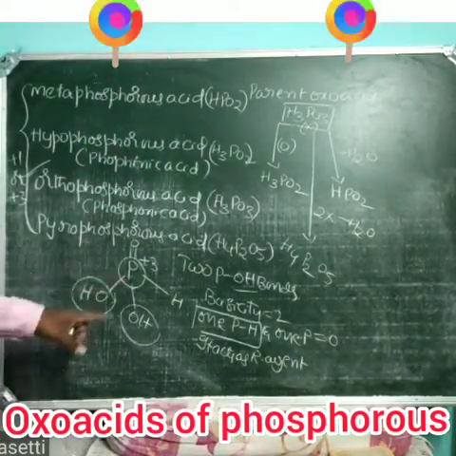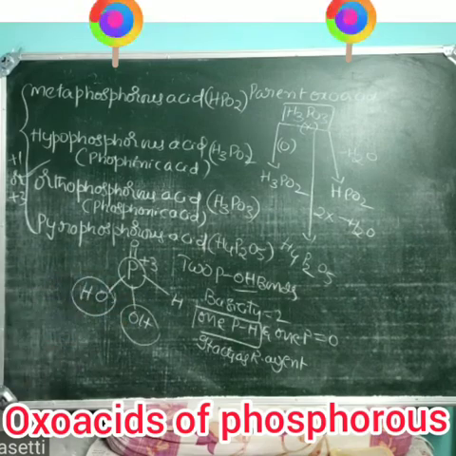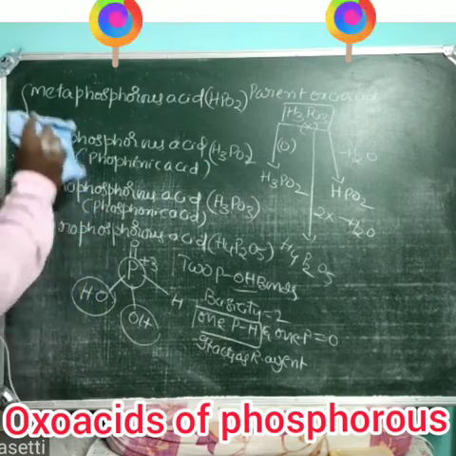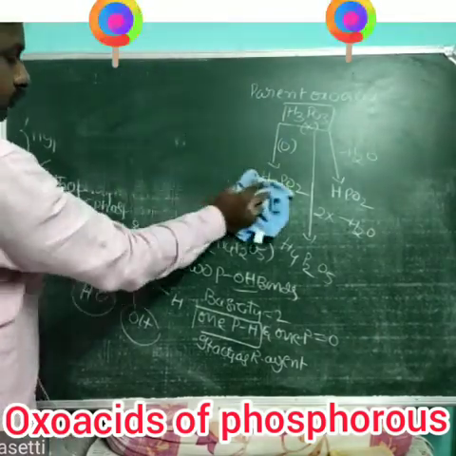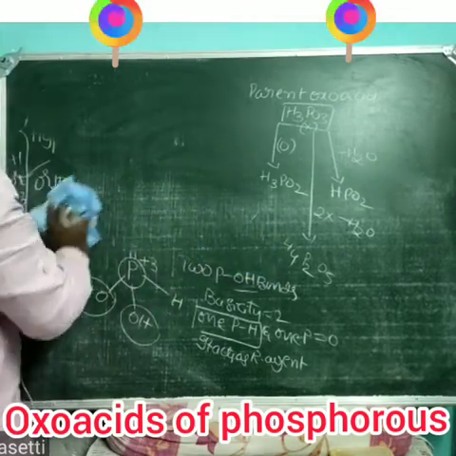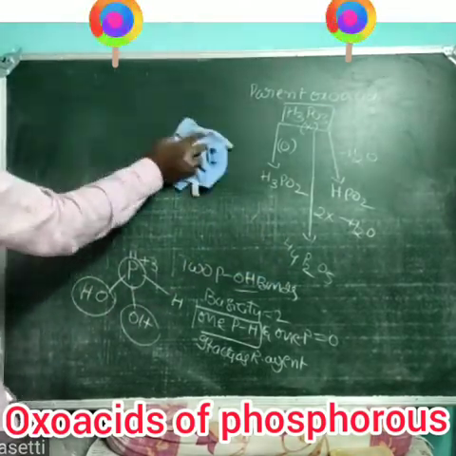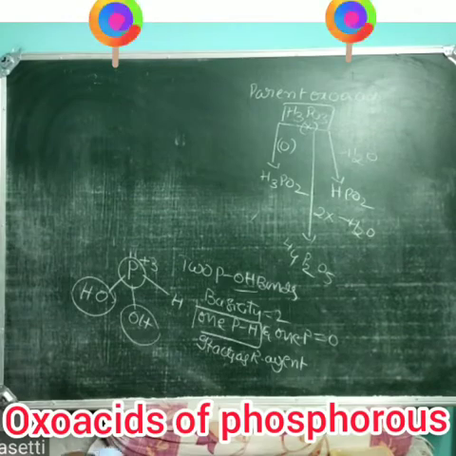So that is about H3PO3, phosphorus acid. After that, phosphorus acid is completed.